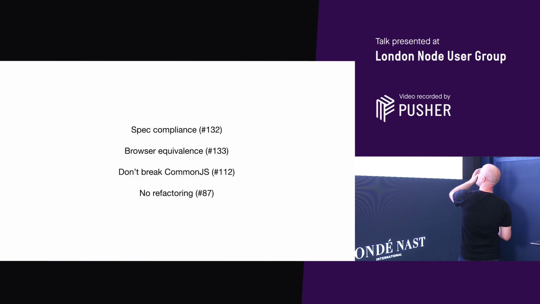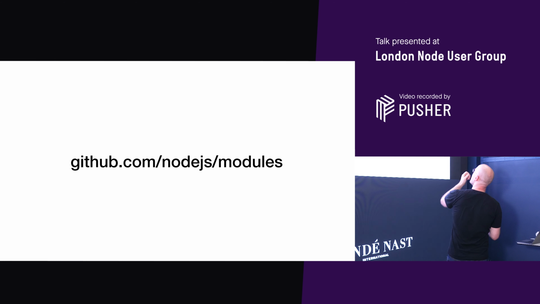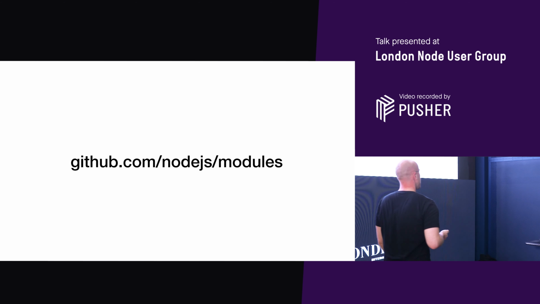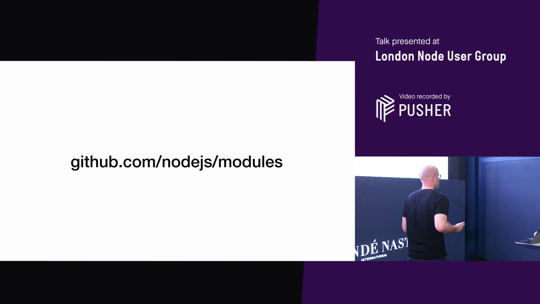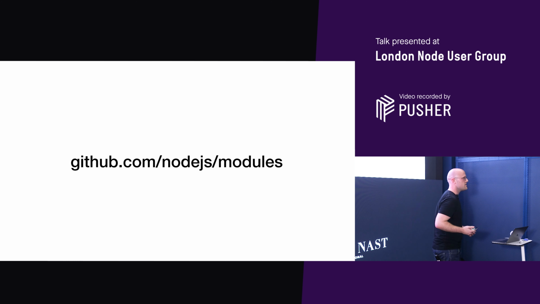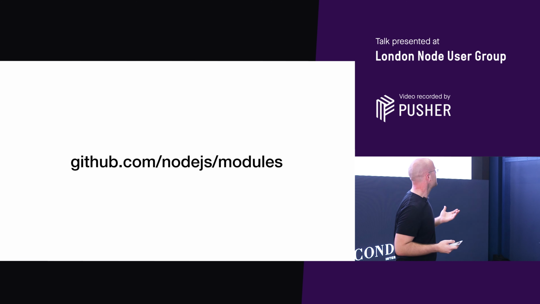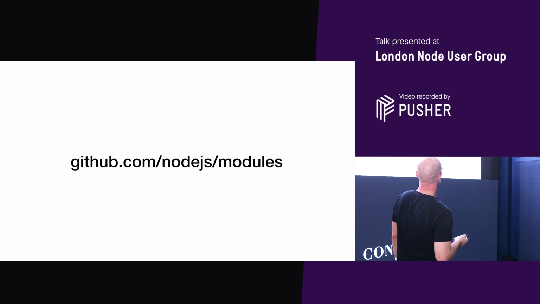So that's the gubbins and the tricky bits. All this work, where people are going through the issues that we have with ESModules and what to do next, all that discussion is done on this repo. You can go check it out. These people are all working on getting the answers for all the questions that have come up.